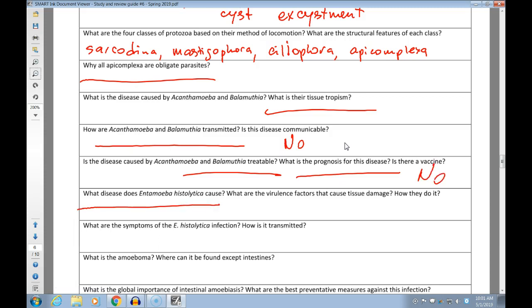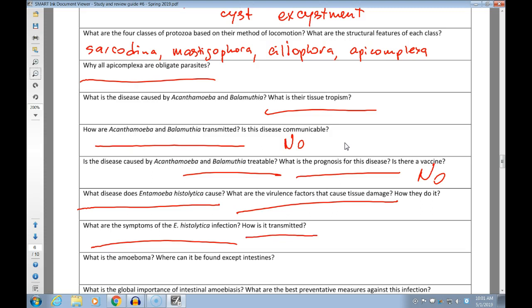Entamoeba histolytica. Intestinal amoebiasis. Virulence factors are enzymes released from the Entamoeba that destroy tissue. Symptoms: diarrhea, dysentery, nausea, ulcerative colitis, stuff like that.